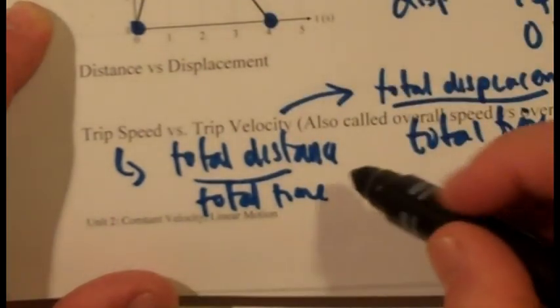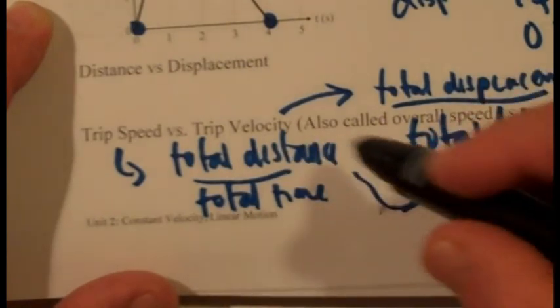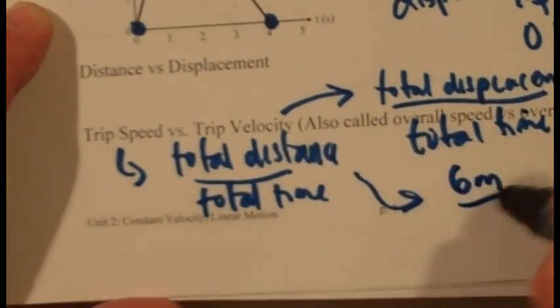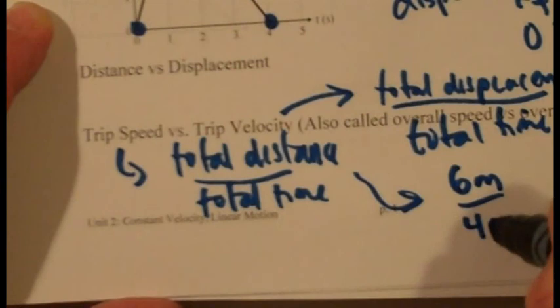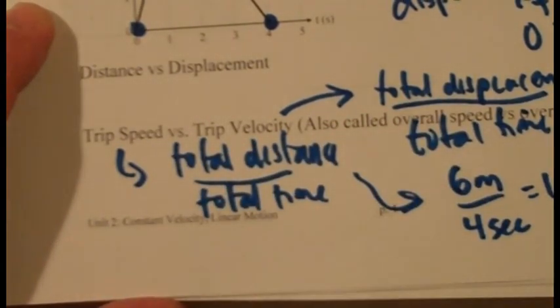So for this example here, I go 6 meters, that's my total distance, in 4 seconds. So that'd be 1.5 meters per second. This is also called an average.